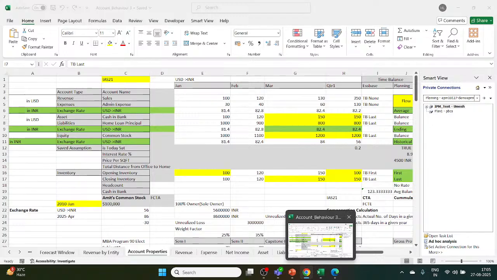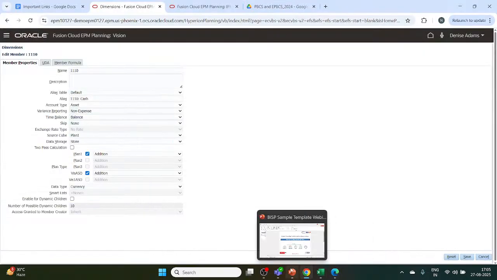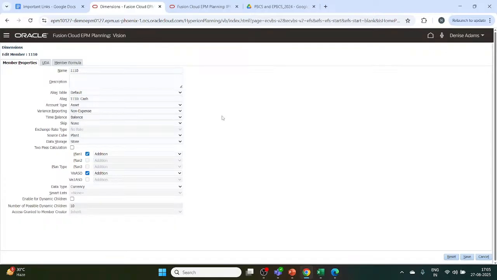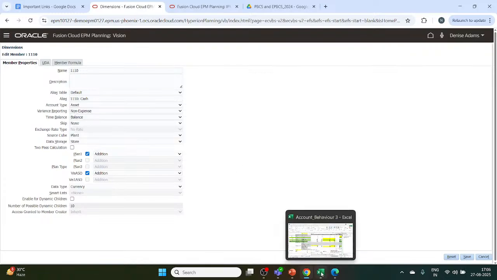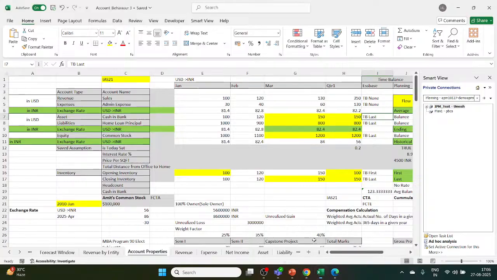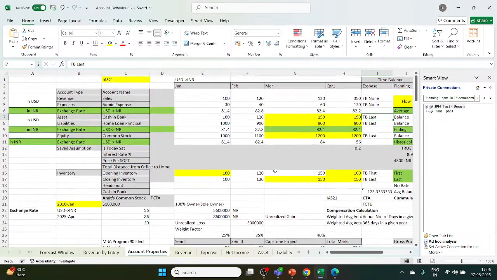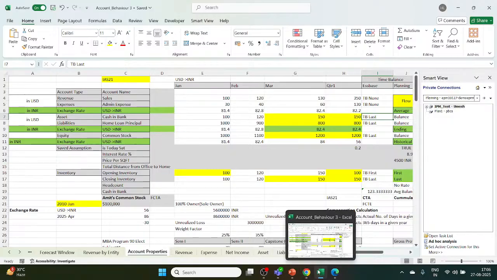So first of all I will explain some of the things which we have learned yesterday, like the account type. Here the account type is expense, revenue, assets, liabilities, equity and saved assumption. So with the help of this Excel based presentation I will show you that account type.